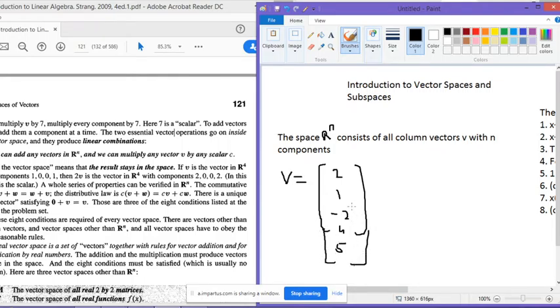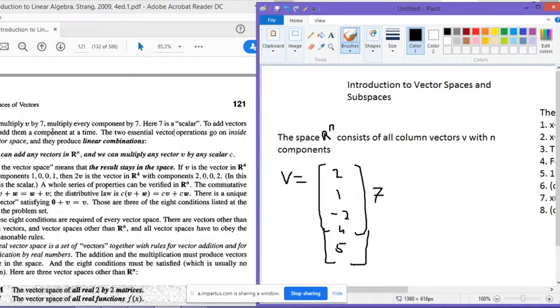Now if this vector is multiplied by a constant, say 7, then 7 is a scalar quantity here. Every component in the vector v is multiplied by this 7. We call this a scalar operation.